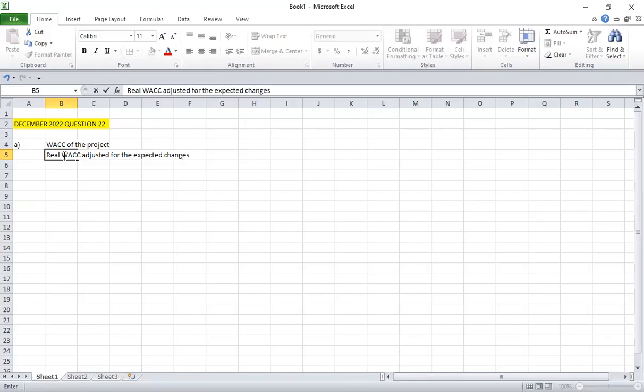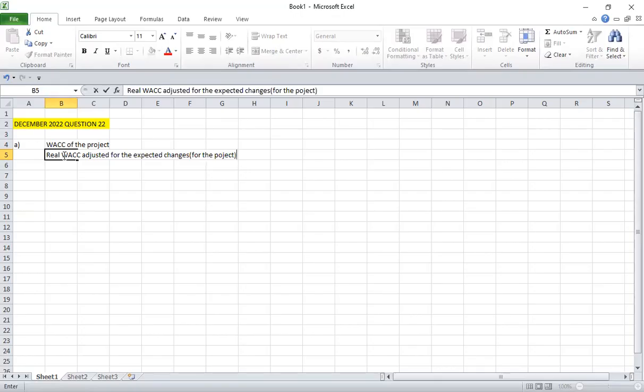Whenever you want to compute a project's weighted average cost of capital, and I believe you are taught this in financial management, take what is considered real and adjust the real by the expected changes. Of course, these expected changes have to be for the project.